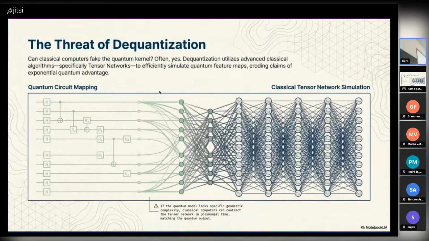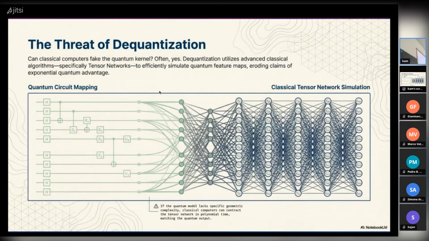Another disadvantage of this method is that it's under the threat of dequantization. This is a very strange word, but the whole community uses it. If you have a quantum algorithm for the data, but you cannot prove it is really better than any classical algorithms, then someone will pop up and find a very efficient classical simulation. That's called dequantization.